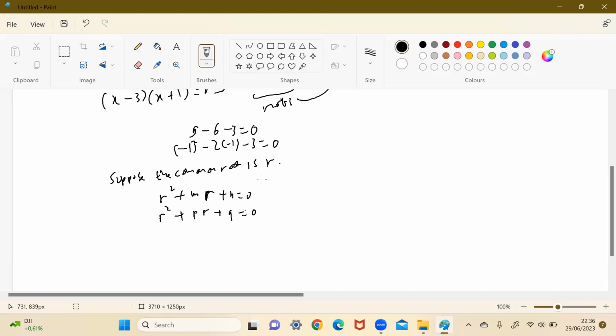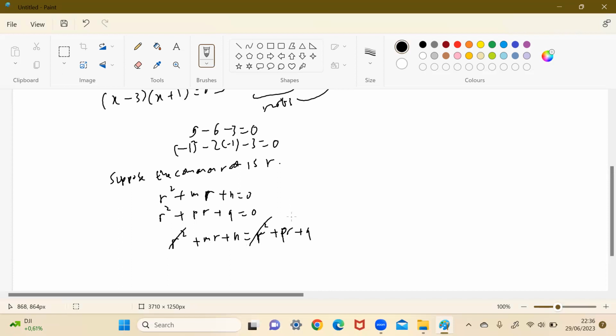Because these are zeros, you can basically connect the two equations and obtain r squared plus mr plus n equals r squared plus pr plus q. Now notice that we have r squared on both sides, so we can cancel those out.